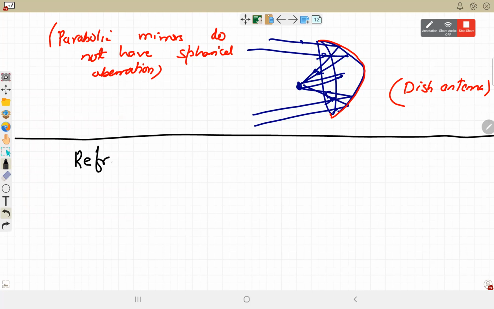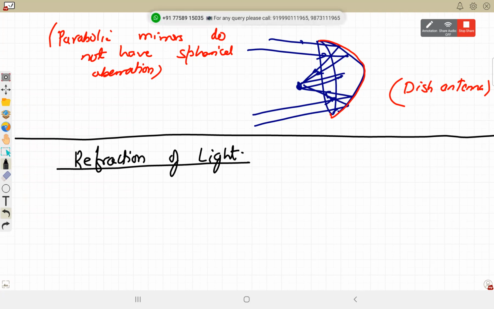Now you can see this word in your book, so you'll feel comfortable, I guess. So the first phenomenon was reflection. When light is incident on a polished surface or on any boundary, light will always be reflected back into the same medium, but some part of the light will also go into the second medium, depending upon the density and all.